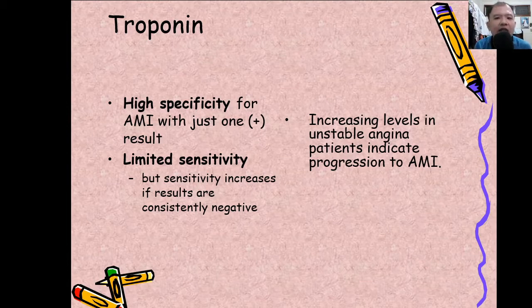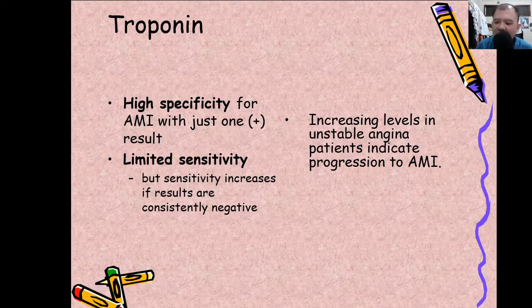Increasing levels in unstable angina patients indicate progression to acute myocardial infarction. The words that you'll be meeting in our lesson are words used in public health, such as specificity and sensitivity. We might be wondering what these terms mean.